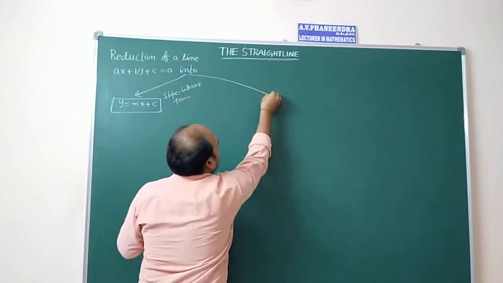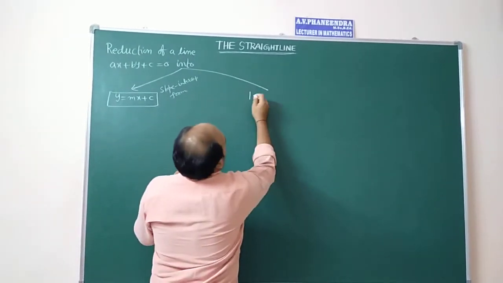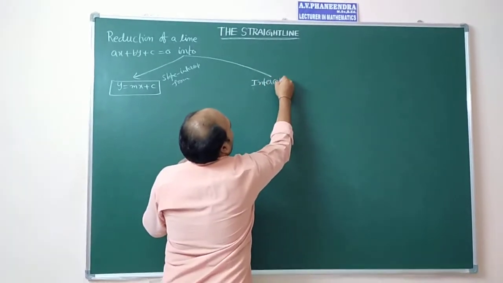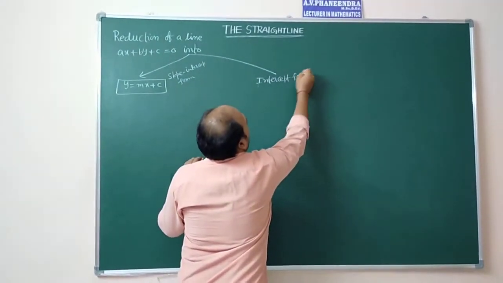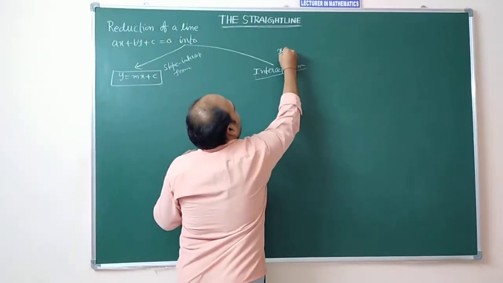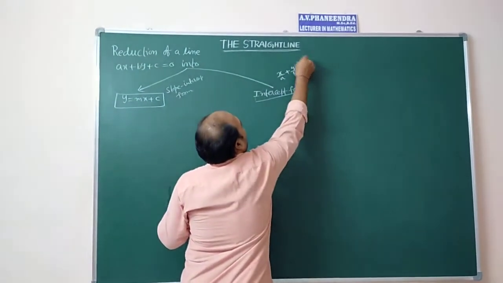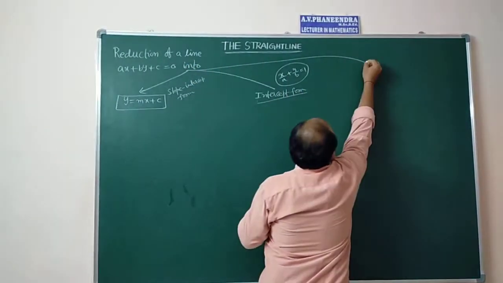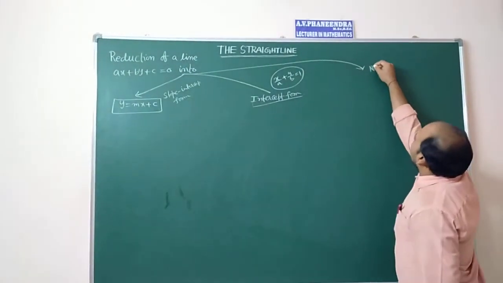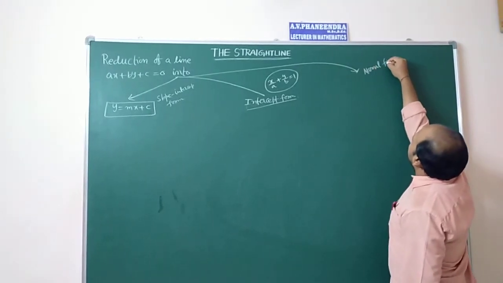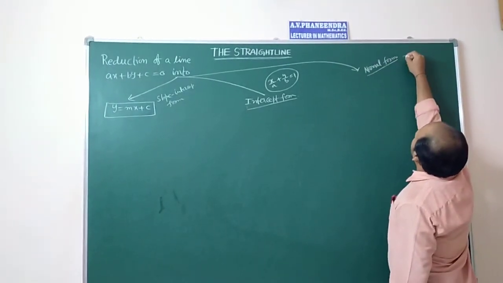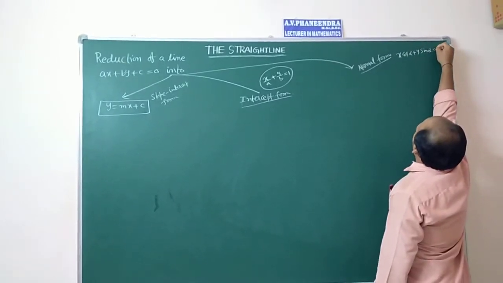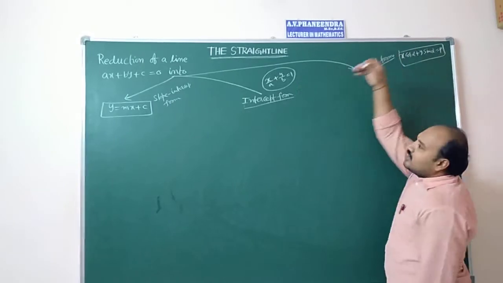Second one, intercept form, x by a plus y by b equal to 1. In this form we have to reduce the equation. Third one, normal form, that means x cos alpha plus y sin alpha equal to p. In this form you have to make the given equation.